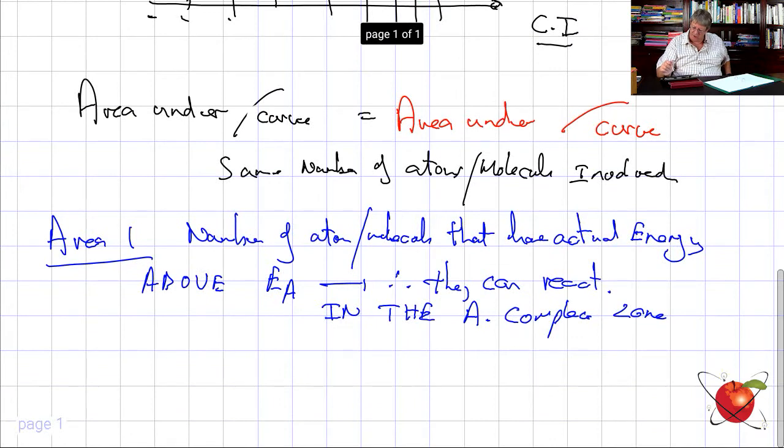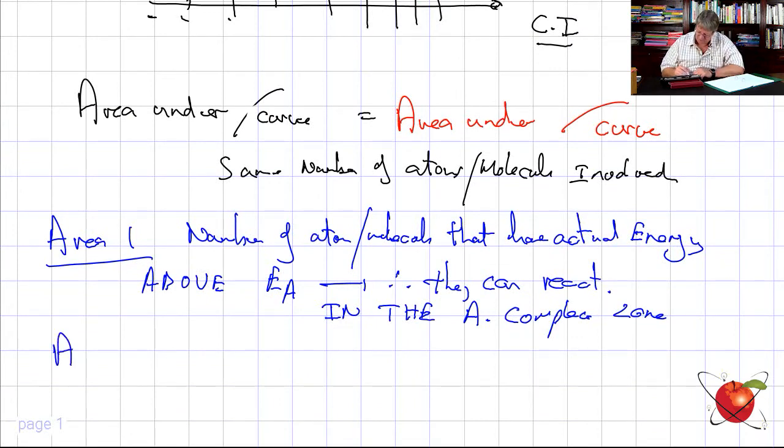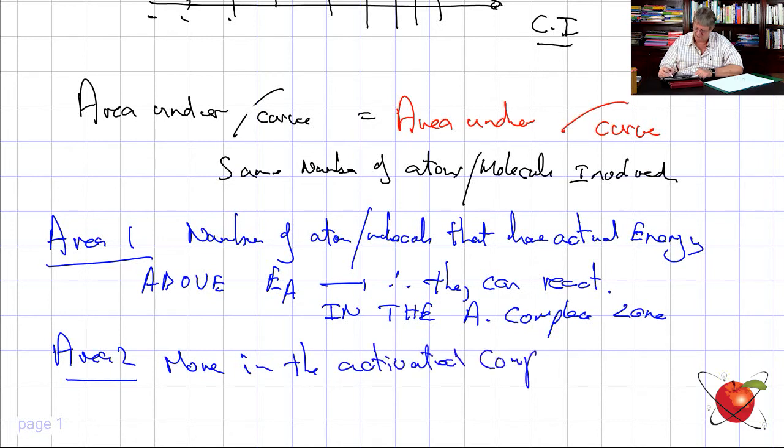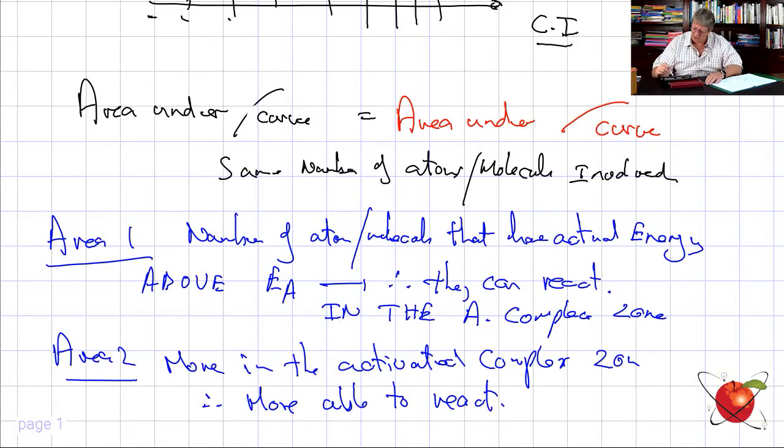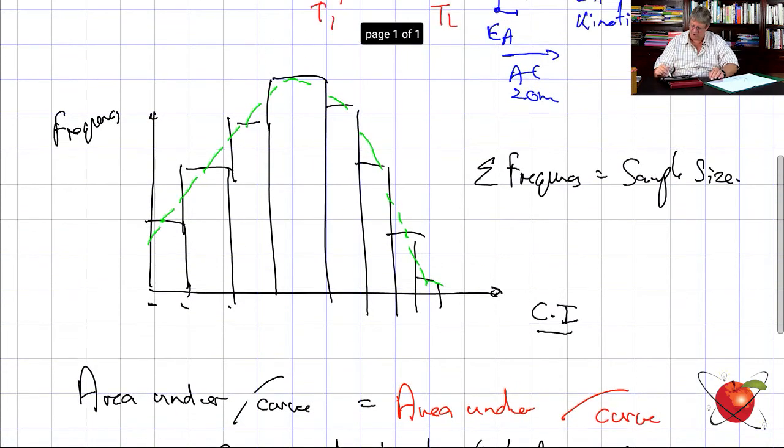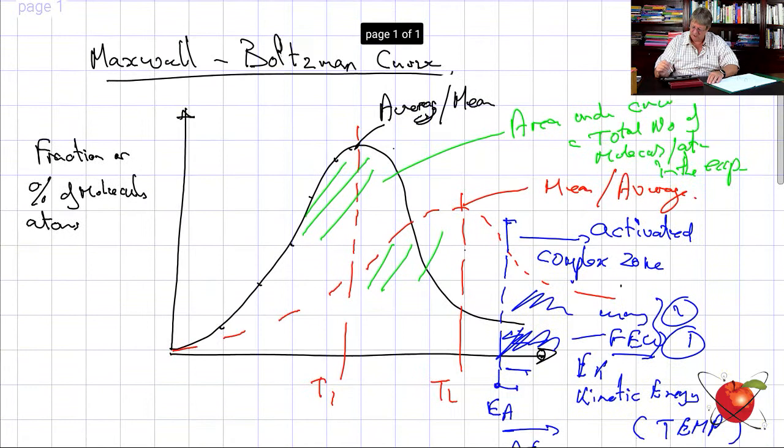So the area 2, all right, area 2, there are more in the activated complex zone. Therefore, more able to react. Correct?